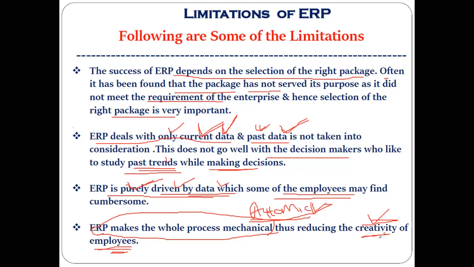If this happens, it directly affects the creativity and the researching power of the employee. Automation is one of the advantages, but it also has a disadvantage, which is related to the employee: there is no need to think on certain decisions, and no need to process the data on their own, because an automatic system is available.